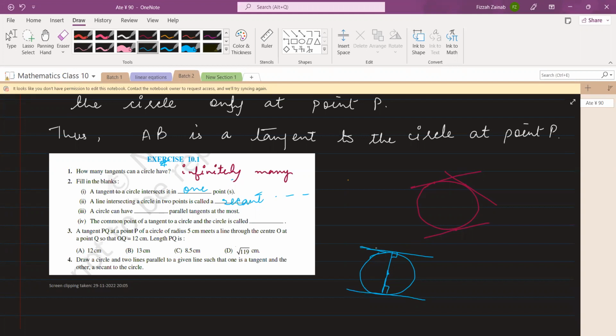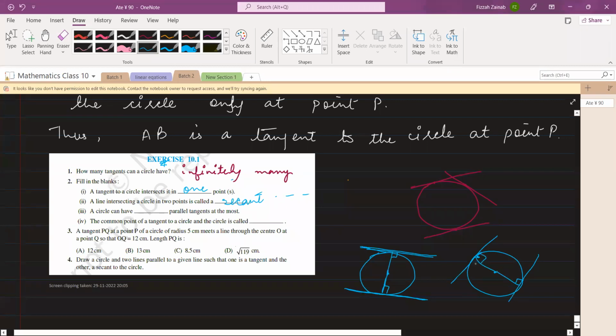So if I take one here, I have to take the other exactly at the other end of the diameter, and then only this angle will be 90 and this angle will be 90. So at most I can have only two parallel tangents. Clear? Okay, so two.